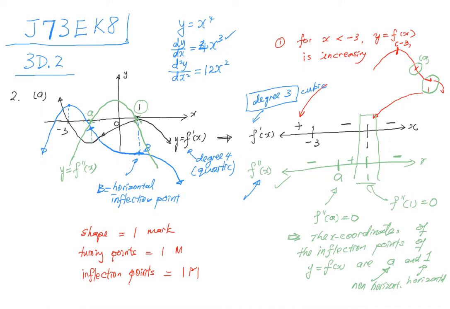So I can give you a graph like in example 11, the answer there. I can give you this graph. The above is the graph for y equal to f(x), f prime x, and f double prime x. So determine which graph is y equal to f(x), y equal to f prime x, and y equal to f double prime x.